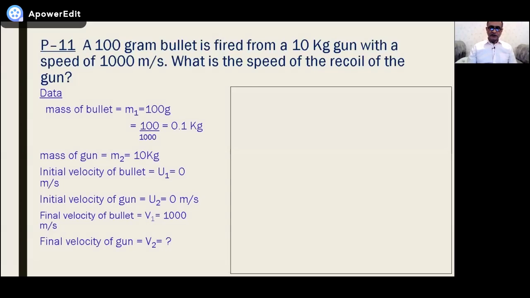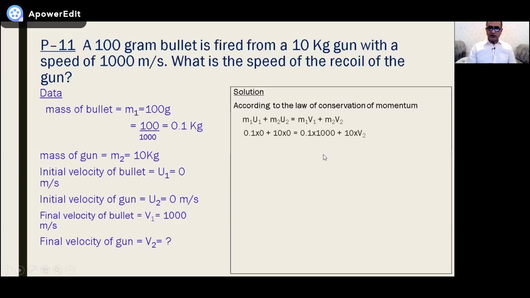Okay? So according to the law of conservation of momentum, m1u1 plus m2u2 is equal to m1v1 plus m2v2. Substitute the values and get your answer. It's so simple. If you know maths a little bit, you can do it by yourself very easily. Substituting the values, m1 0.1, u1 0, m2 10, u2 0.